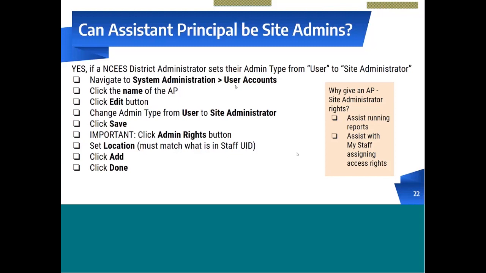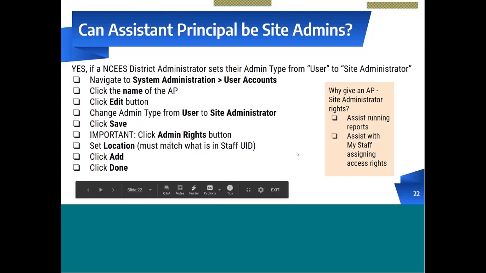But if you switch them over from a user to site administrator, this is for you district administrators to do. These are your steps. You're going to go to system administration, user accounts, click the name of the AP, click the edit button, change them from a user to a site administrator on their admin type, click save, and set this very important. Their admin rights button comes up.